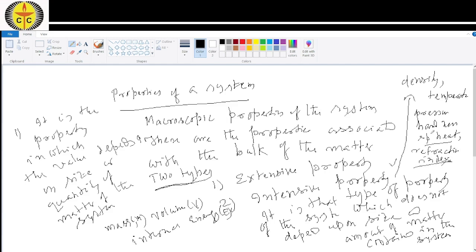All these things are called intensive properties. Other types are there, various examples are there. Suppose electromotive force, chemical potential are also examples of intensive property.